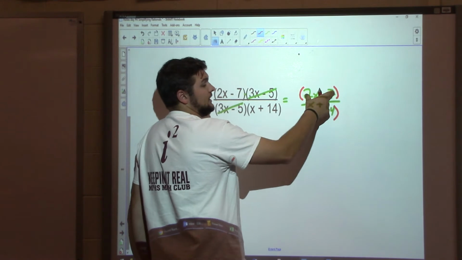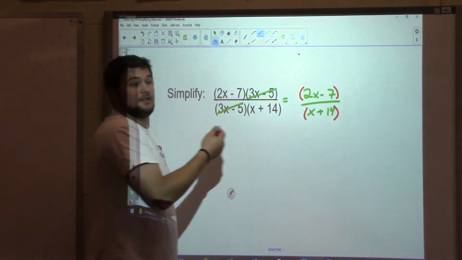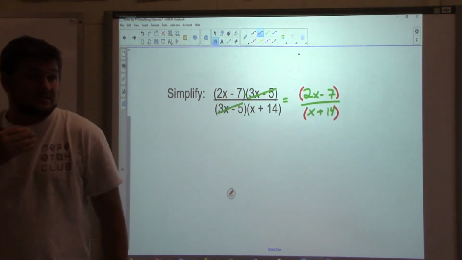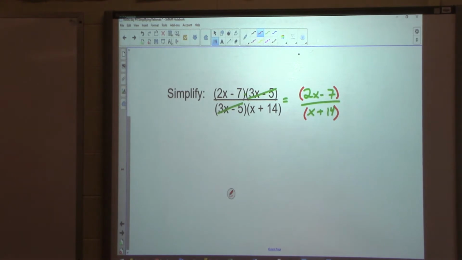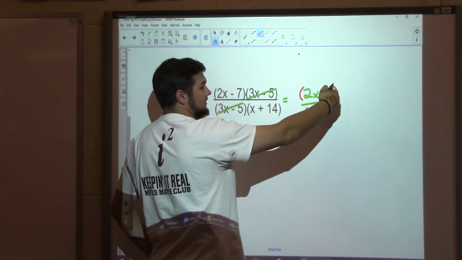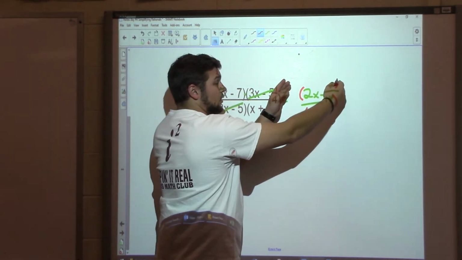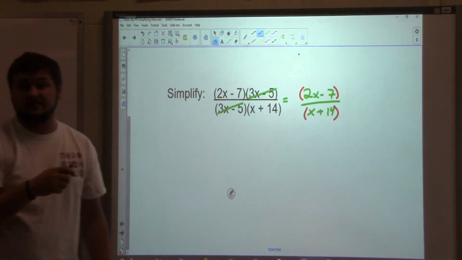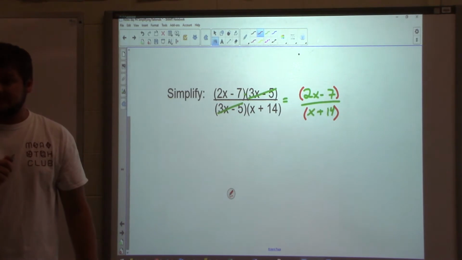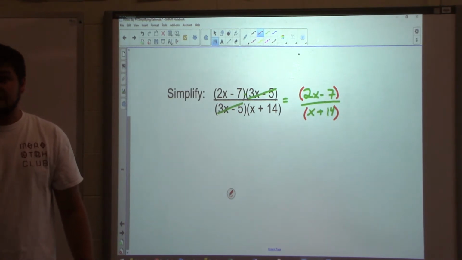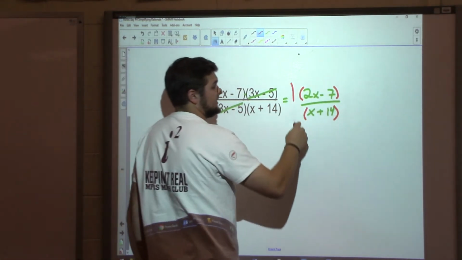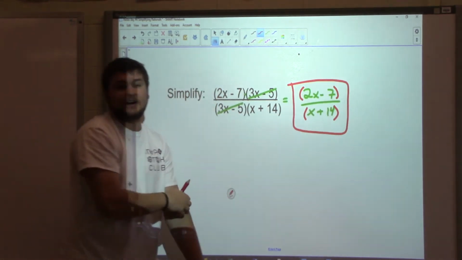I would have to have 2x minus 7 on both top and bottom to cancel it. Does that make sense? Yeah. Okay. So that's the most common mistake we see in this unit. People try and cancel like the 7 and the 14. We need the whole term to be able to cancel that. Okay? Does that make sense? At least a little bit? Okay. That is our answer. That's as much as I can simplify it.